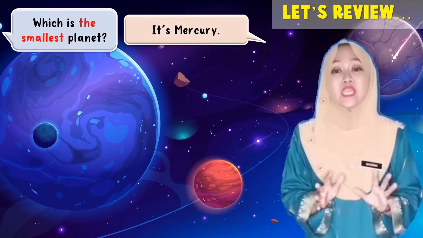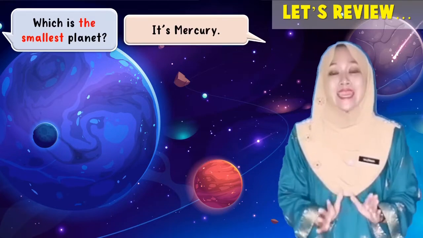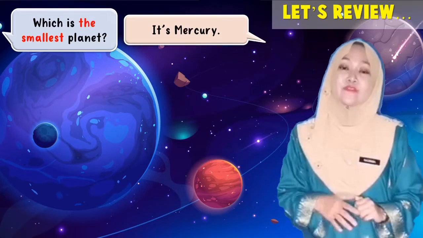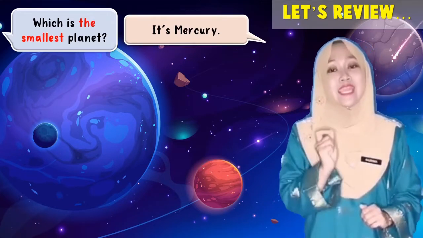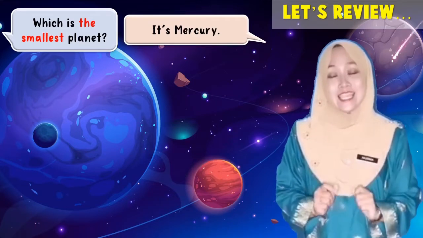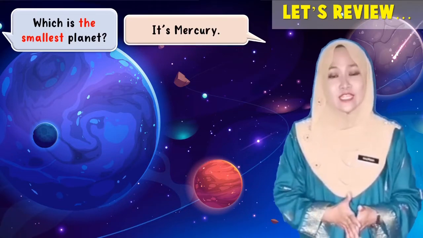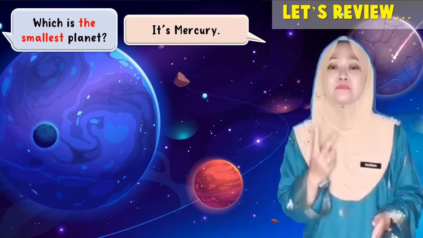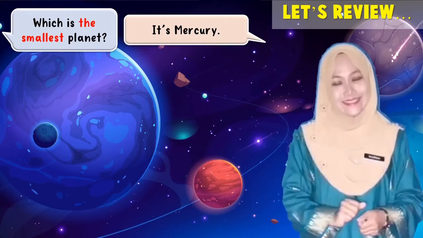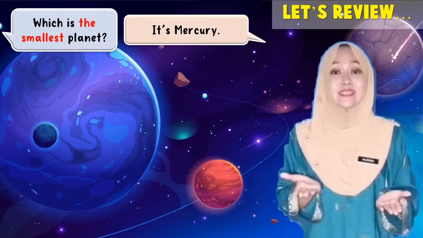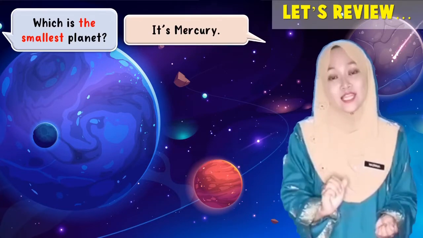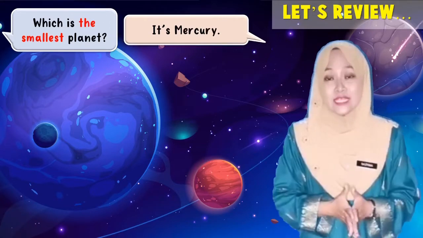Remember, we add the word the before the adjective and we add on est at the end of the adjective to show that is the superlative adjective to compare more than 2 things. Again, here the smallest is the superlative adjective.